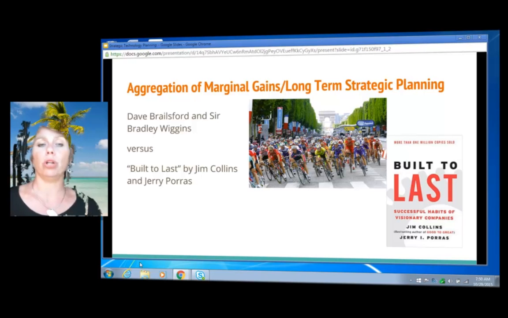So there was this whole range of improvements that they made to the system, to their performance, by doing these very small incremental micro changes, but they did them everywhere.